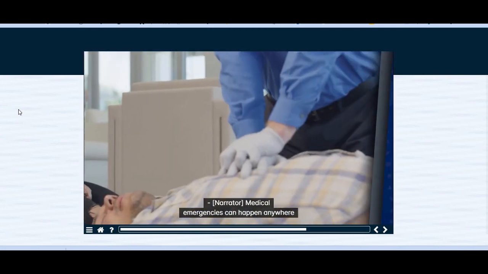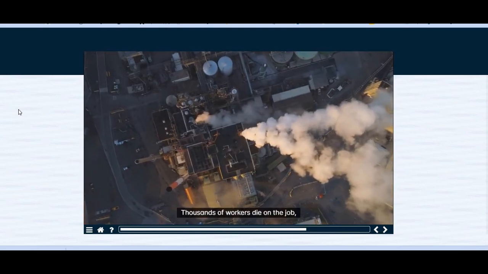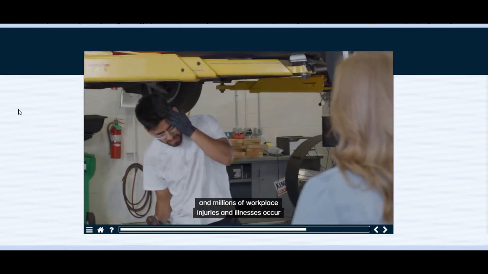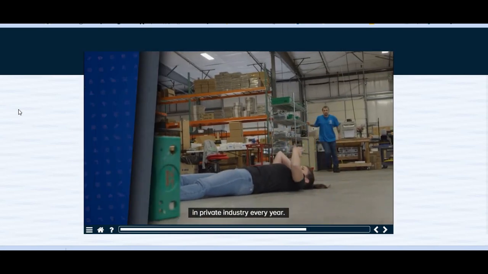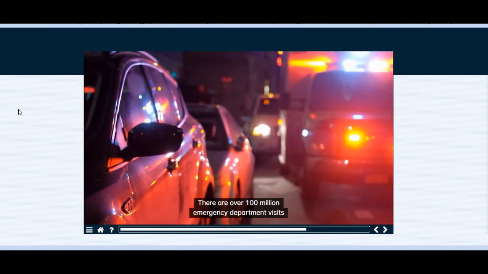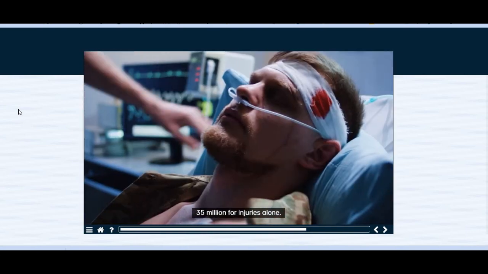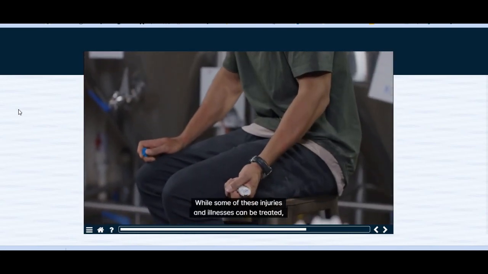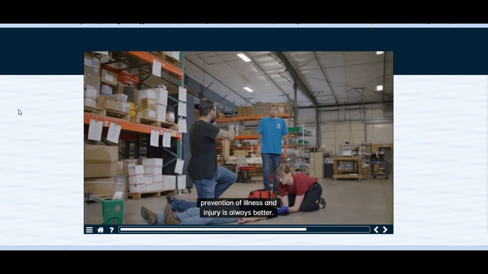Medical emergencies can happen anywhere at any time. Thousands of workers die on the job, and millions of workplace injuries and illnesses occur in private industry every year. There are over 100 million emergency department visits in the United States annually, 35 million for injuries alone. While some of these injuries and illnesses can be treated, prevention of illness and injury is always better.